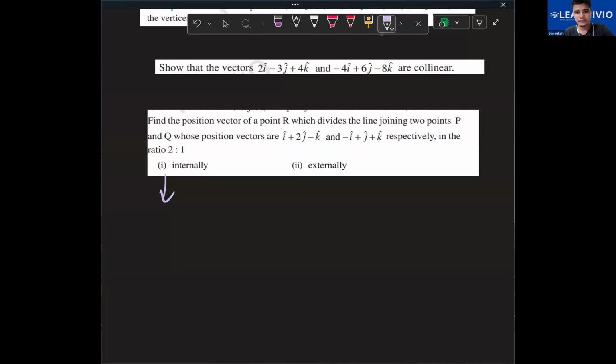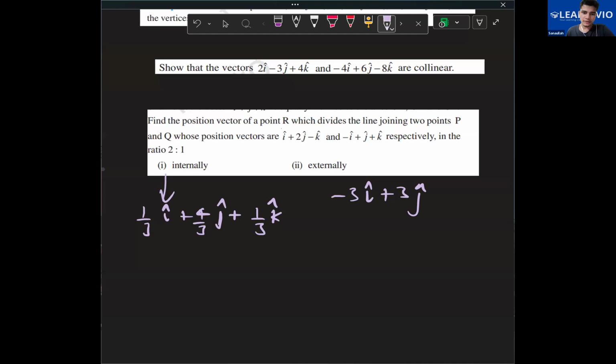Minus 1 by 3 i cap plus 4 by 3 j cap plus 1 by 3 k cap. Okay. And for the second? Minus 3 i cap plus 3 k cap.